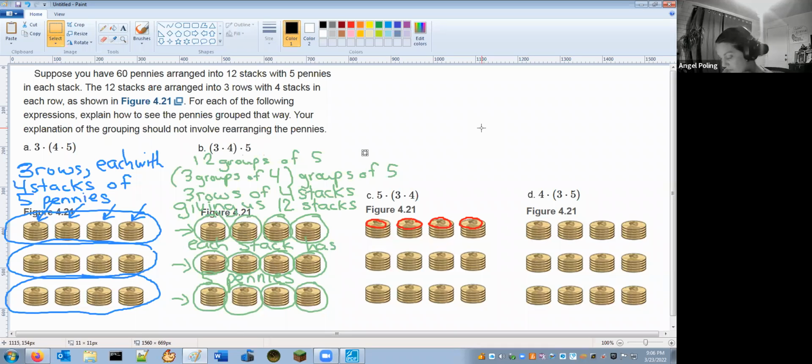So there's a layer, and then because there's 5 pennies, I need space. That's part of my problem. All right, I'm gonna move it up a little.